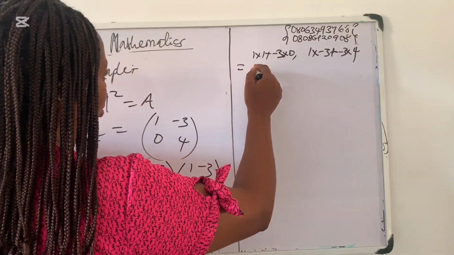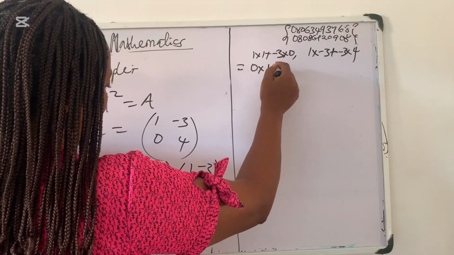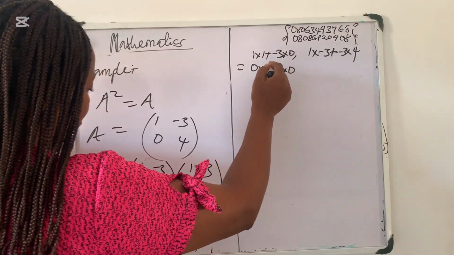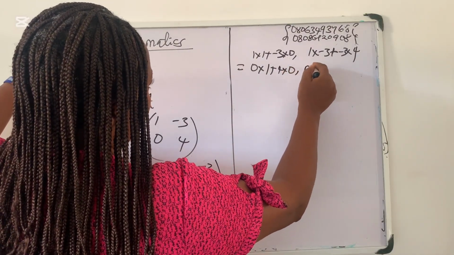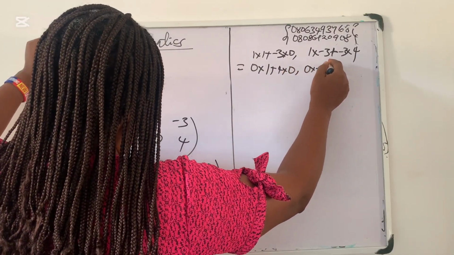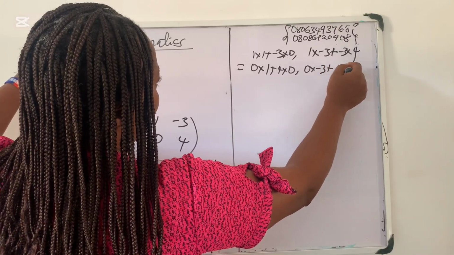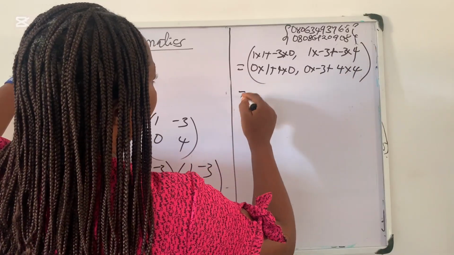The next row, 0 times 1 plus 4 times 0. Then 0 times minus 3 plus 4 times 4, all enclosed in a bracket.